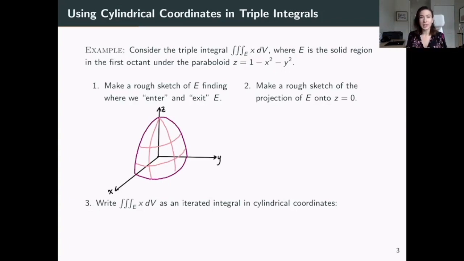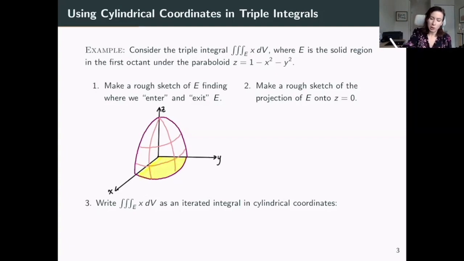Now we need to figure out where we are entering and exiting E. And here is why focusing on z first as our first limit of integration is always going to be a little bit easier. Here we can see that we're looking only in the first octant, and so we're only going to be looking at when our z values are bigger than 0.